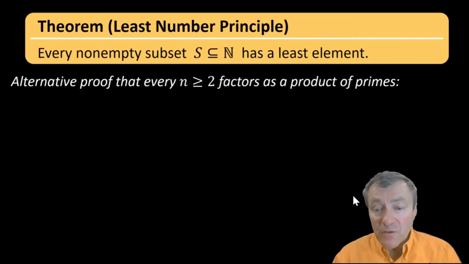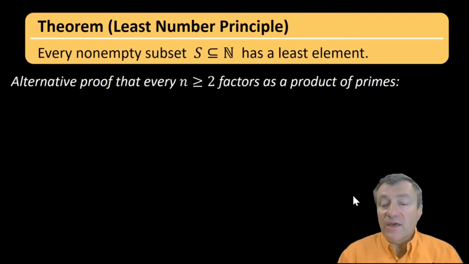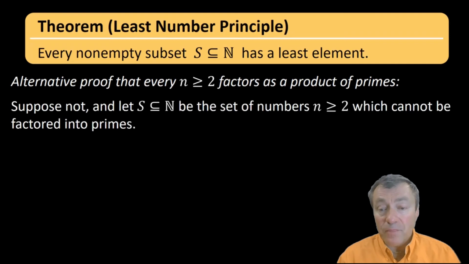We just proved by induction that every integer n greater than or equal to 2 is a product of primes. Let me rewrite this proof, not using induction, but using in its place the least number principle. Other than that difference in the organization of the proof, the details of the proof are pretty much identical, as you'll see.